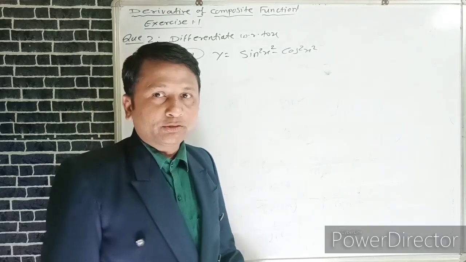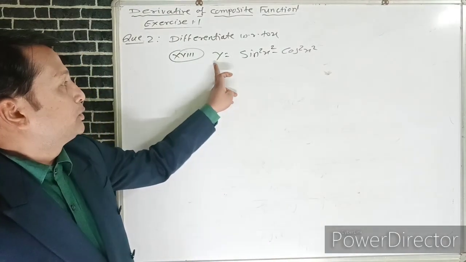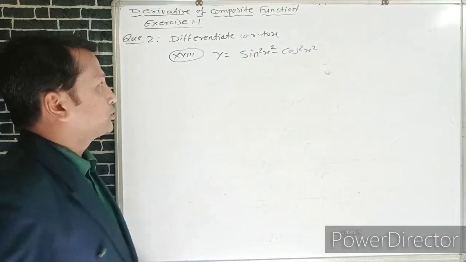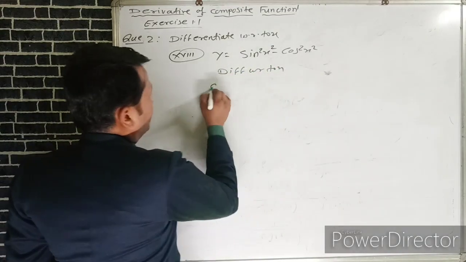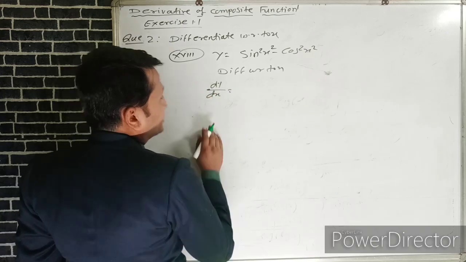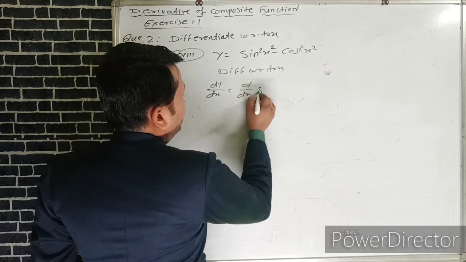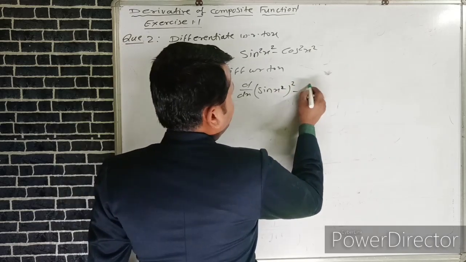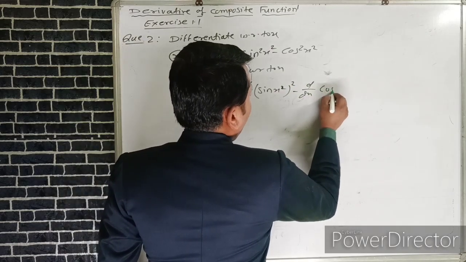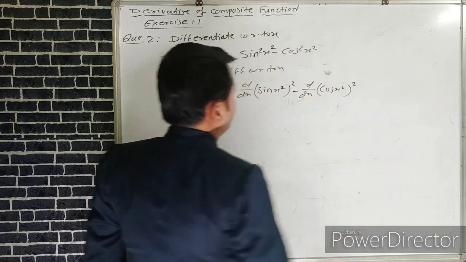Last example in this question, y is equal to sin square x square minus cos square x square. After differentiating with respect to x, we can write the derivative of y is dy by dx. We take a separate derivative of sin of x square whole bracket square minus the derivative of cos of x square whole bracket square.